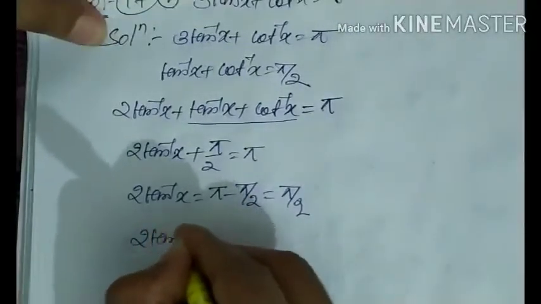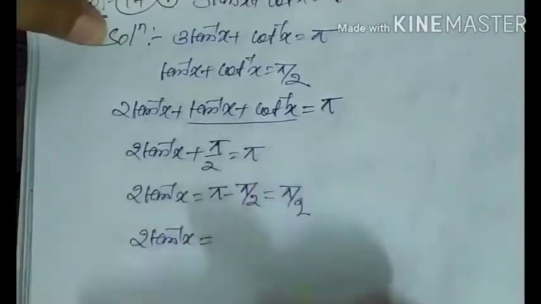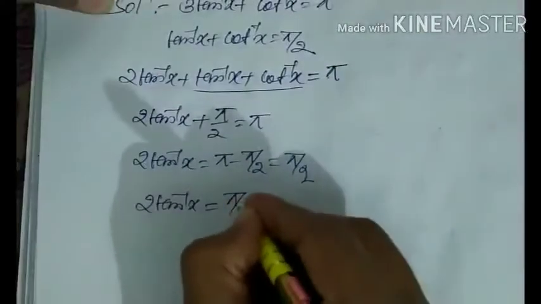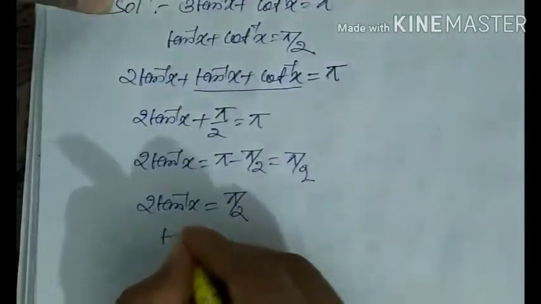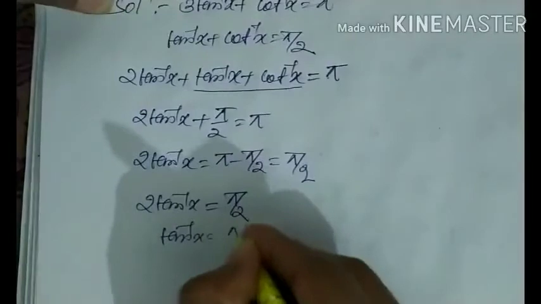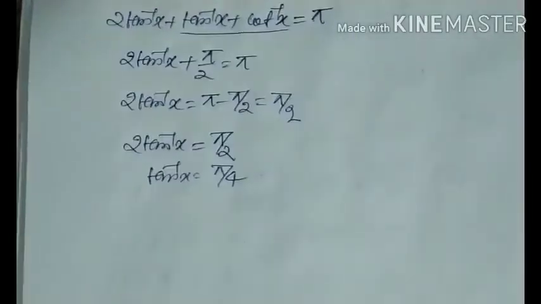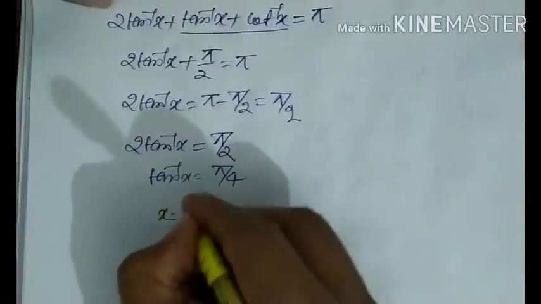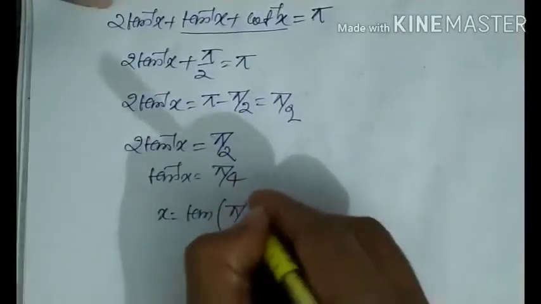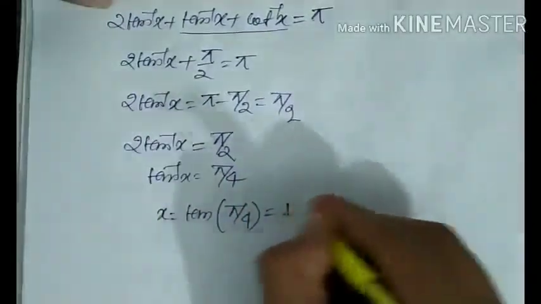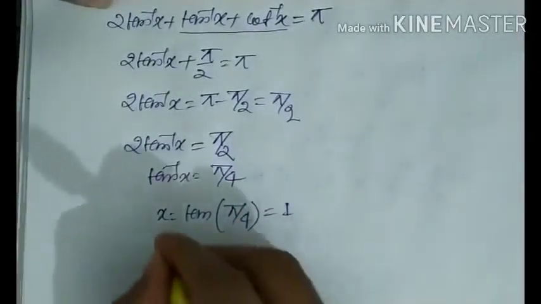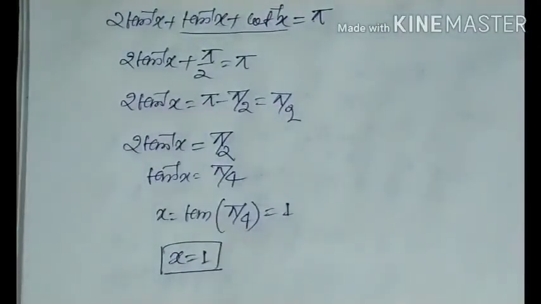Then tan inverse x equals pi by 4, so x equals tan of pi by 4, which equals 1. Then x equals 1. This is our answer.